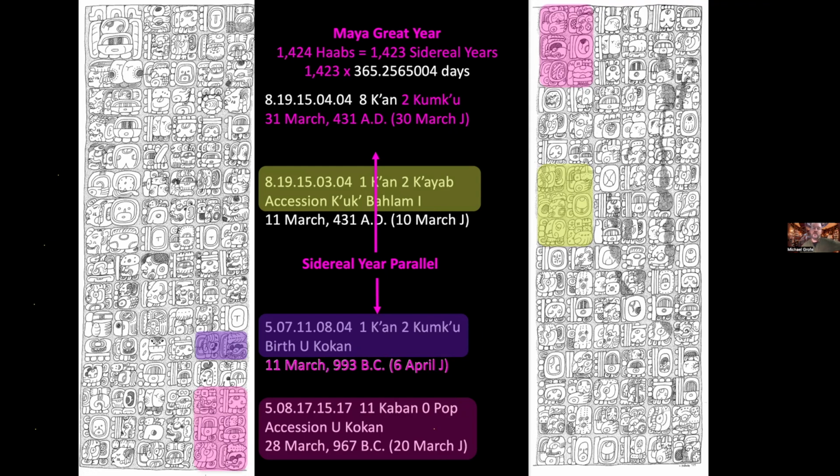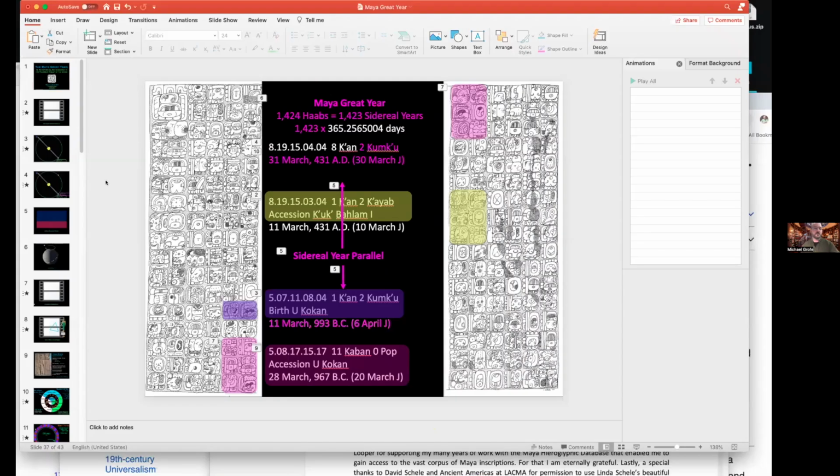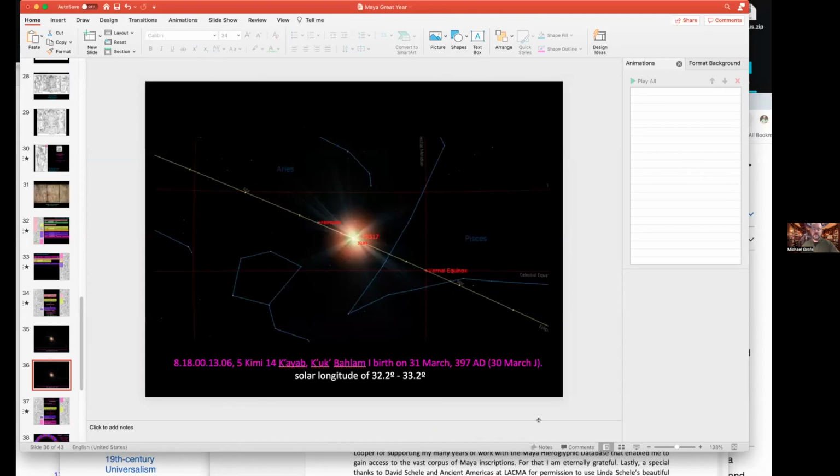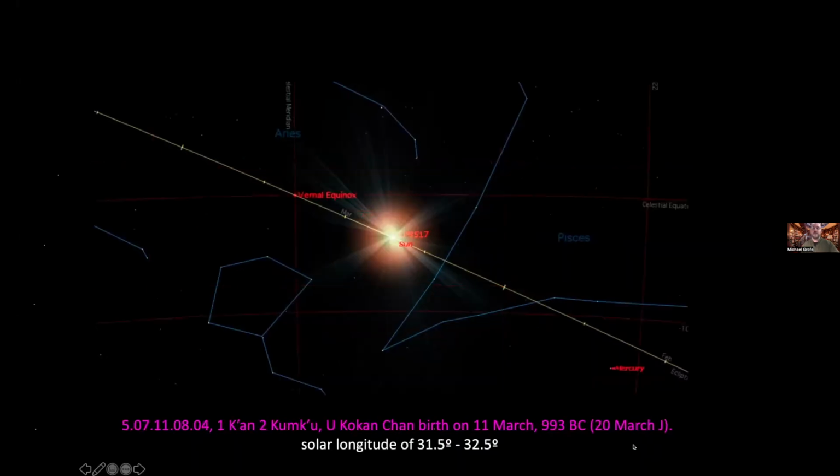And the reason why I believe they place it there, and if we can go back to the image, excuse me for just a moment, if we go back to this image here of where U Kokan Chan's birth is, the position here, if you look at this same sidereal position, but in the year of the era base, it falls on that February 8th nadir, which is that same date from Naranjo Altar 1, that same Maya New Year, agricultural New Year date, which is directly opposite the August 13th date.